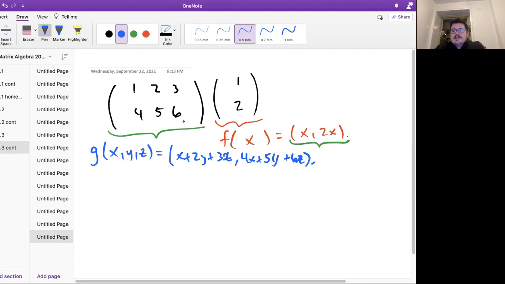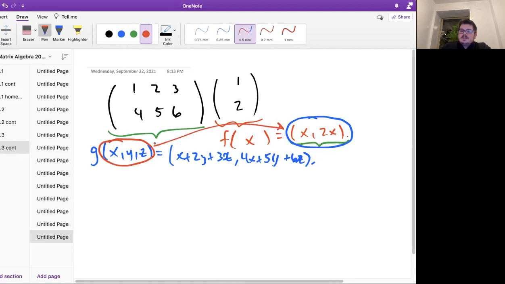Think about it. This is your output, and this is your input of the second one, right? So these do not match. So in thinking about rows and columns, what needs to match?